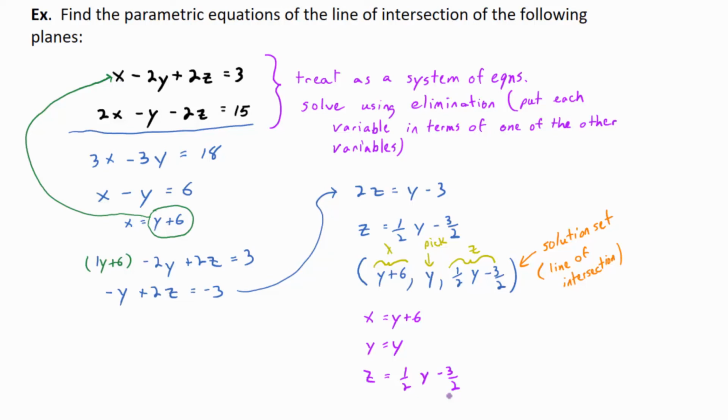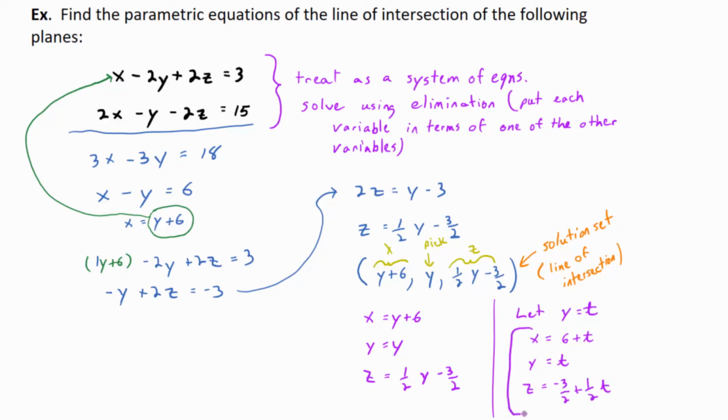Now, usually we set y equal to something like t. We call t the parameter. So if we let y equal t, then x equals t plus 6, or 6 plus t. You get y equals t, and z equals, I'm going to put the constant first, negative 3/2 plus 1/2 t.